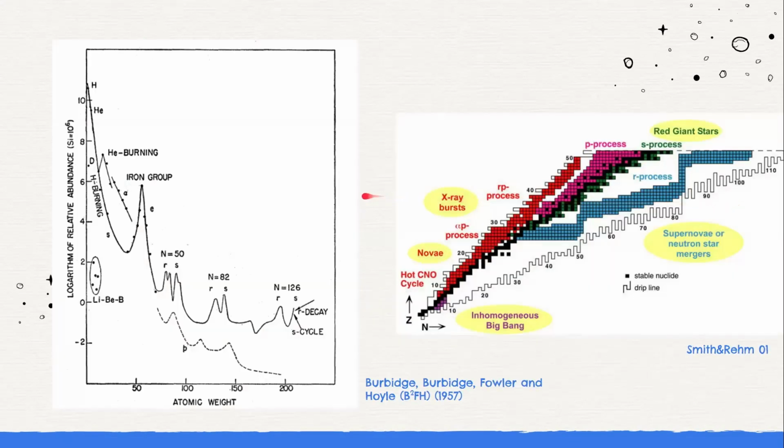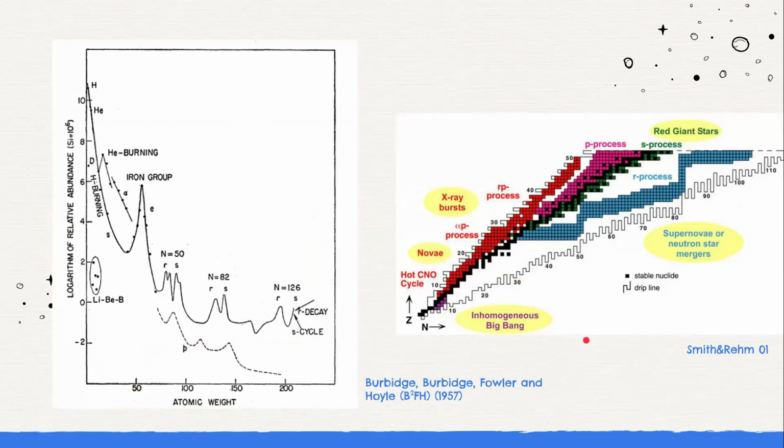Here it shows two graphs. This one is the relative abundance as a function of atomic weight from one of the very famous papers, the B2FH paper from 1957 by Burbidge, Burbidge, Fowler, and Hoyle. The atomic weight is roughly the protons and neutrons added together.